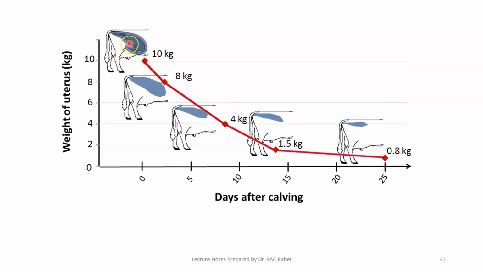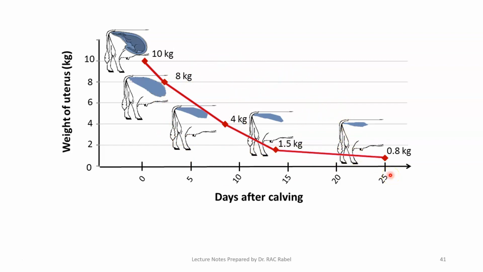This is not excluding the fetus. Fetus is 30, 40 kilos. So this 10 kilograms is only the uterine tissue. It has to come back to 800 grams or whatever, and this doesn't happen overnight. So until then, there is a refractory period or a resting period or restoration of the uterus. That is why the animal will not come into heat these days, postpartum anestrus.